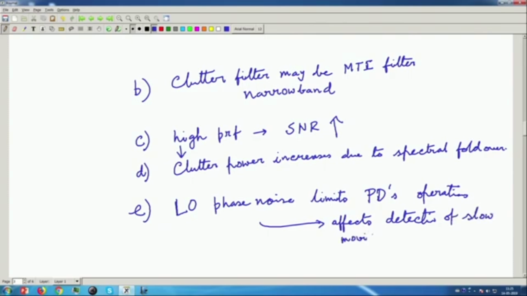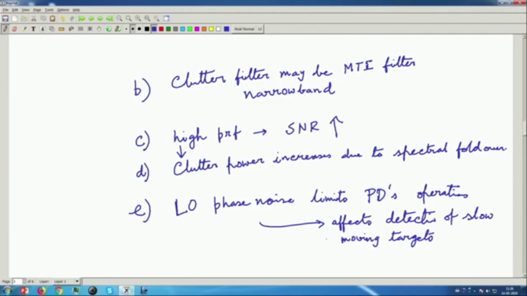That means, for small Doppler only, this will affect slow moving targets. But a pulse Doppler radar is never interested in detection of slow moving targets. For that, an MTI radar is a better option. Its purpose is to detect the high speed targets. So, it does not bother about LO phase noise.